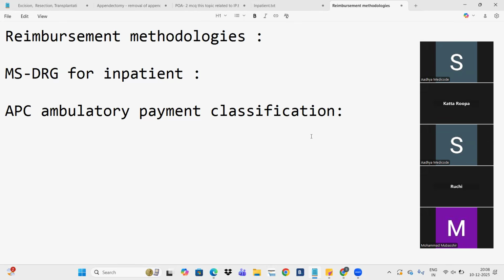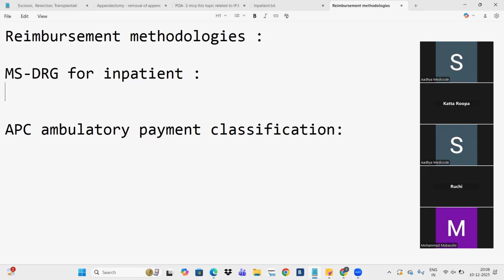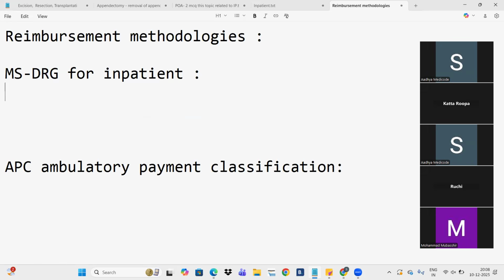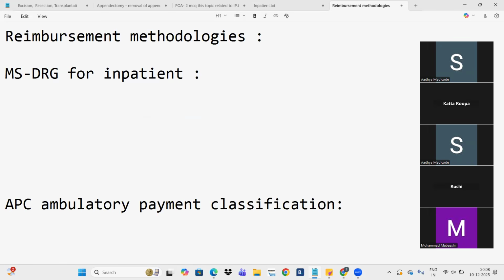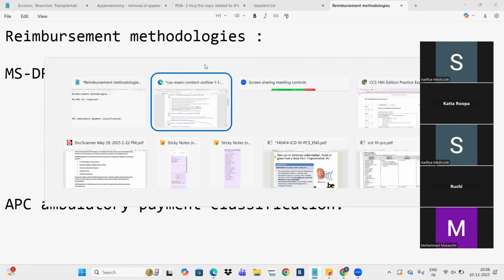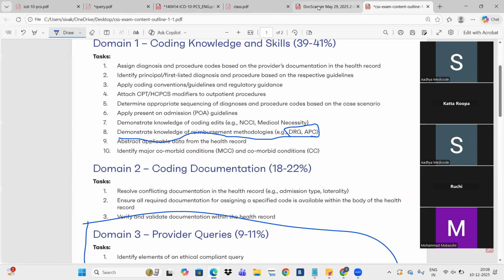So how will they calculate the DRG value? What are the factors affecting the DRG value in the record? Multiple factors affect the DRG value in inpatient coding. Please note down.